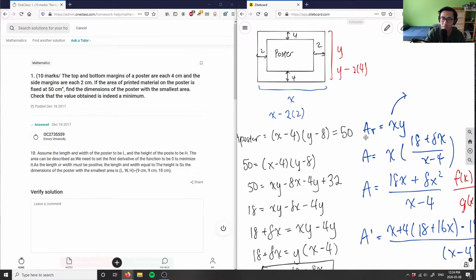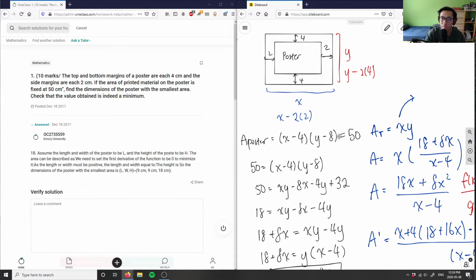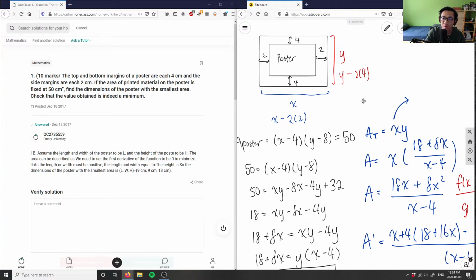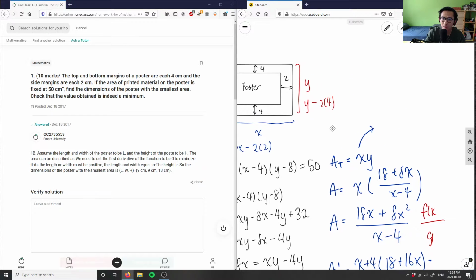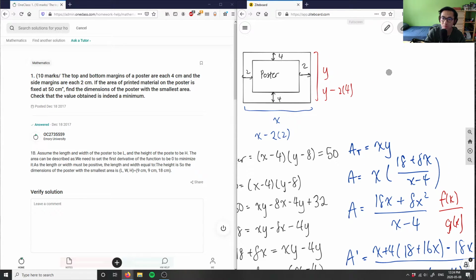I can solve for the area of the poster, and I'm going to use this equation. So 50 equals x, which is, x here is 11.1, I believe.